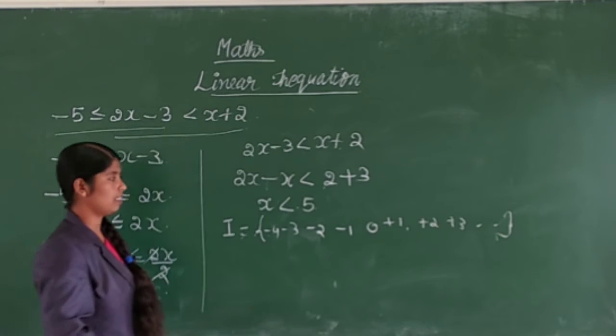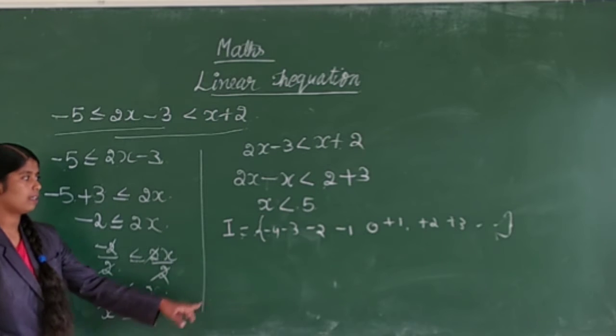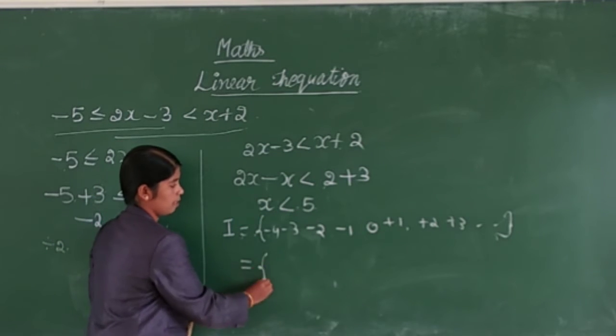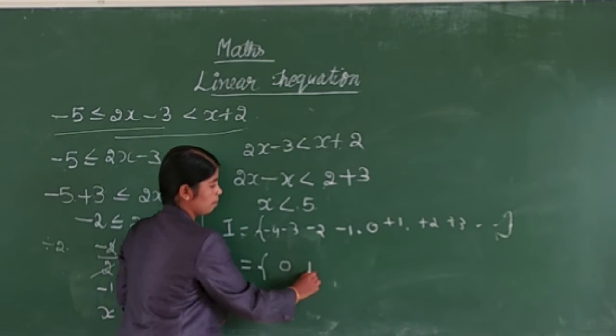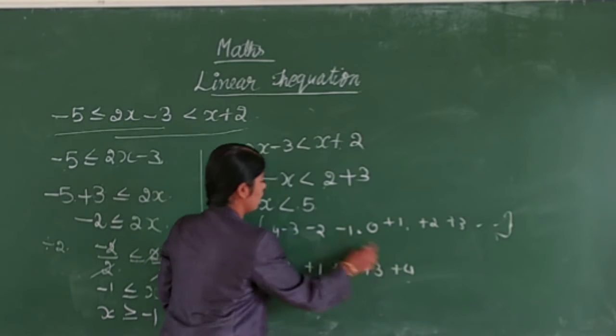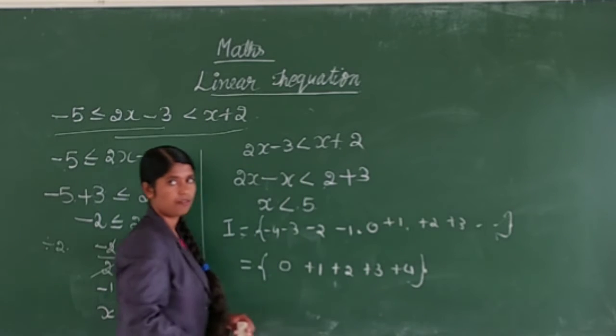And we have to write numbers which are greater than minus 1 and less than 5. So from here it starts 0, plus 1, plus 2, plus 3, plus 4, and it is given less than 5. So we have to stop at plus 4.